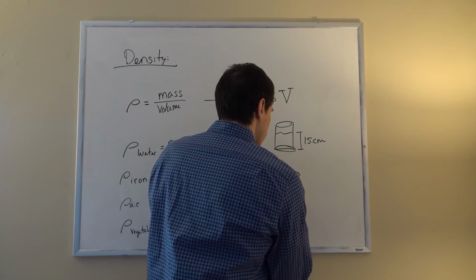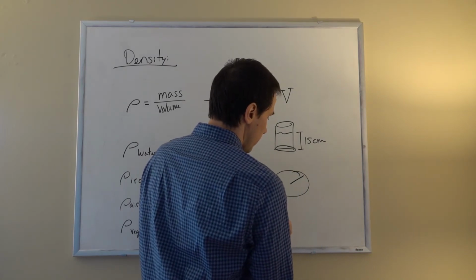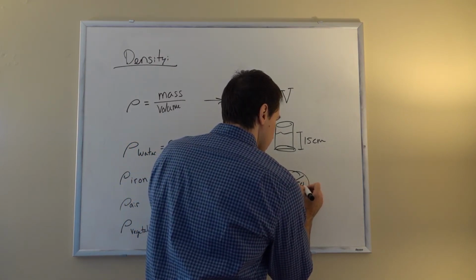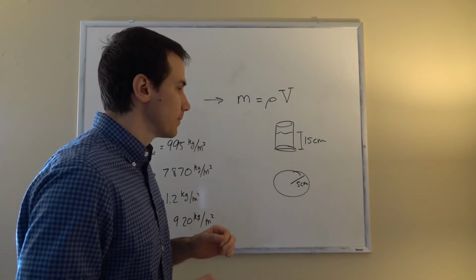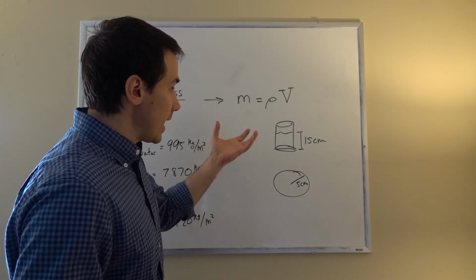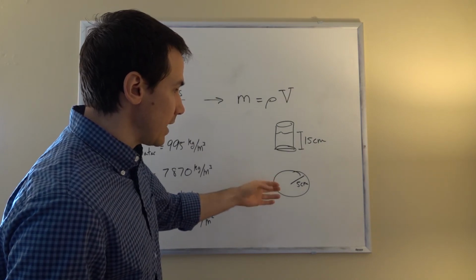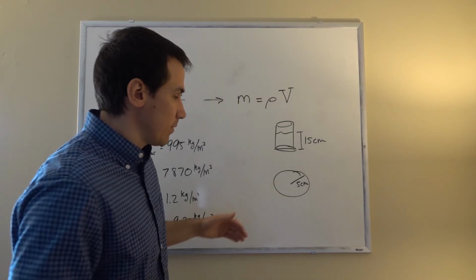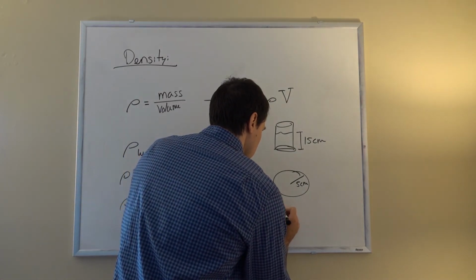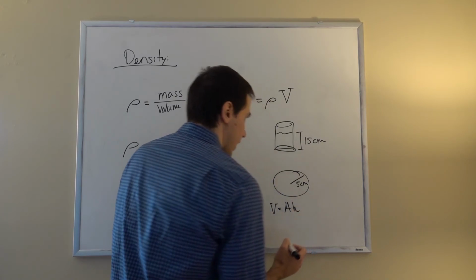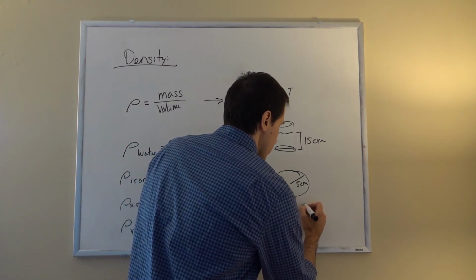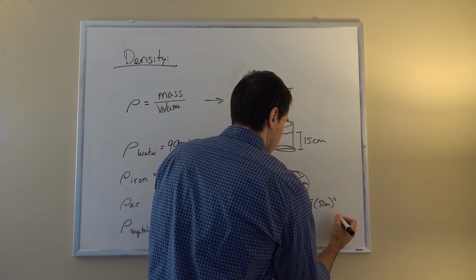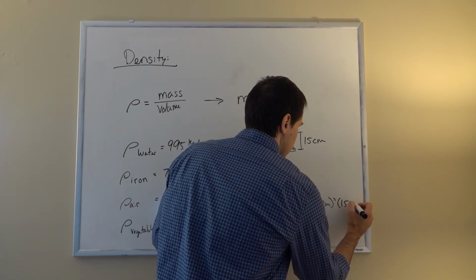So if I'm looking down at the cup from the top, it looks like a circle. And I estimated that the diameter was 10 centimeters, so the radius is 5 centimeters. Now, if I want to find the volume, it's going to be the area of the top of the cup multiplied by the depth. So my volume is area times height or depth, which is pi times 5 centimeters squared multiplied by my depth of 15 centimeters.